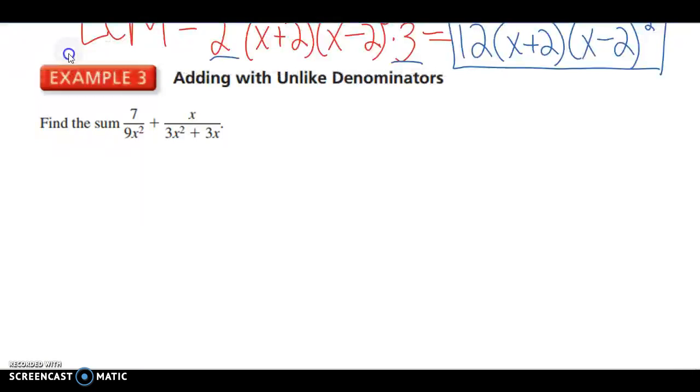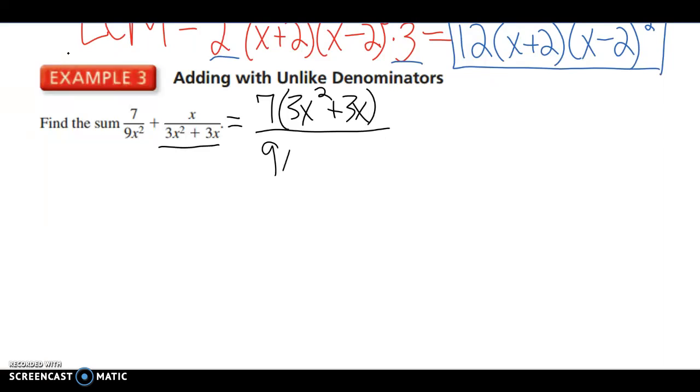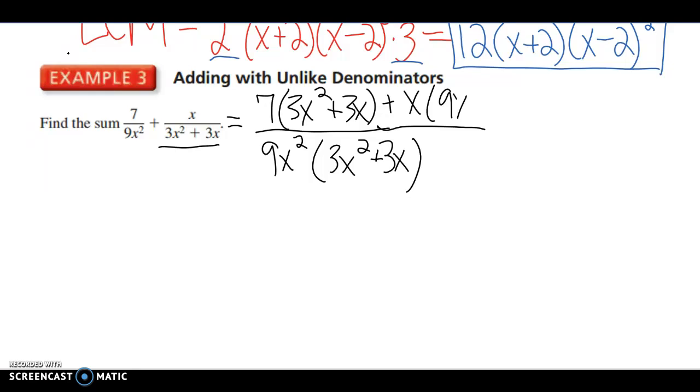In order to do this, I have to set this up and say 7 times the denominator of my other fraction, 3x squared plus 3x, over 9x squared times 3x squared plus 3x, plus x times 9x squared. And then we have the common denominator here.